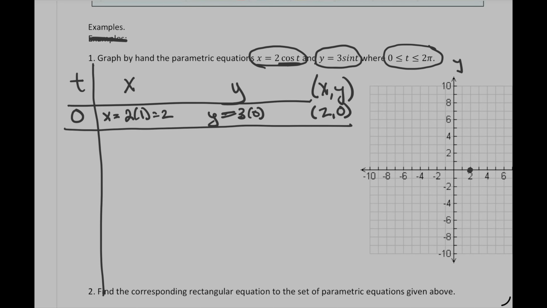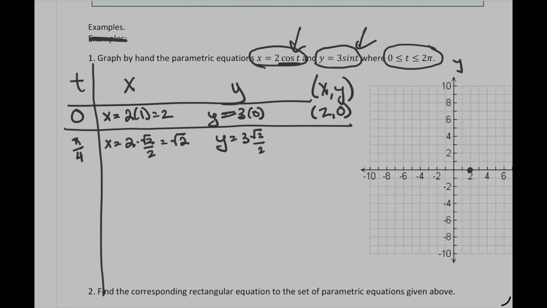So 1/4 pi, x will equal 2 cosine of pi over 4, which is going to be root 2 over 2. So we're going to get root 2. Y is going to equal 3 sine of pi over 4, which is root 2 over 2.